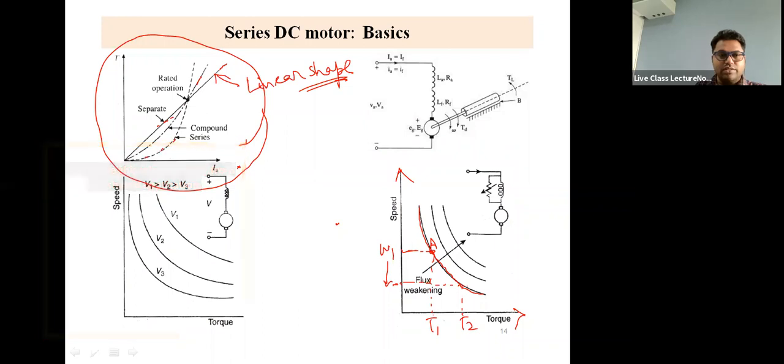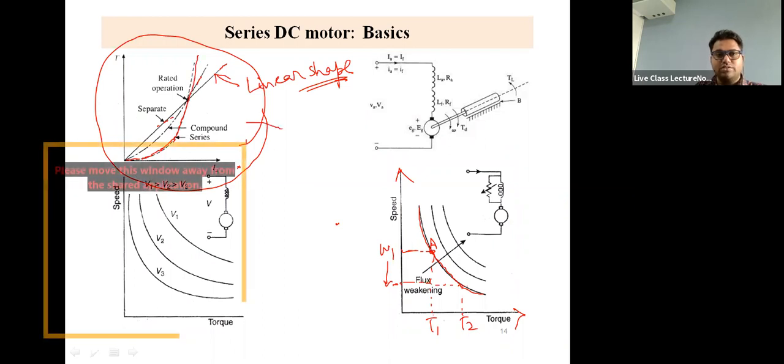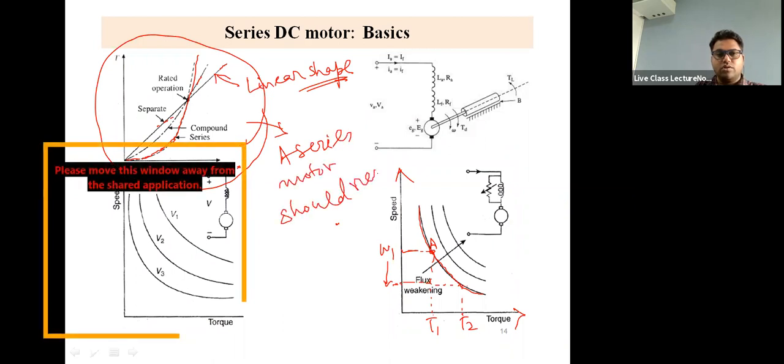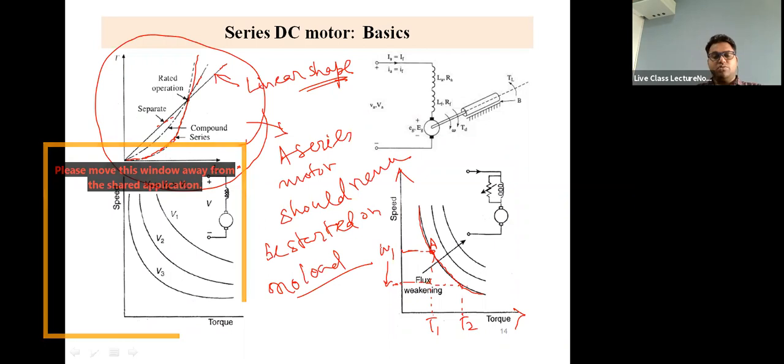So do you see this curve of a series motor? It is so much high. So what it is said is that a series motor should never be started on no load. So what will happen if you start a series motor on no load?